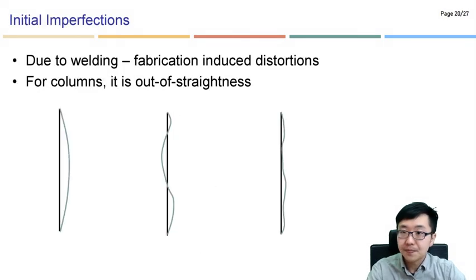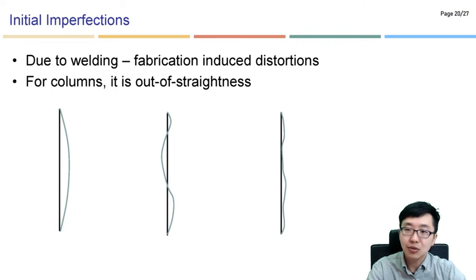So let's move on. If we have initial deflection, initial imperfection, due to the welding and fabrication-induced distortion, of course our column could be initially deflected. Why not? From the transportation, the manufacturing, fabrication, and the welding, we can experience distortions like that or here.